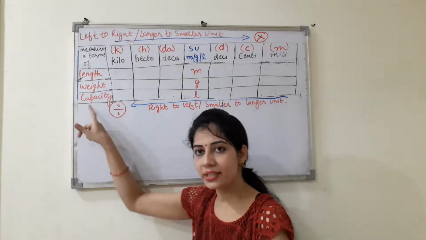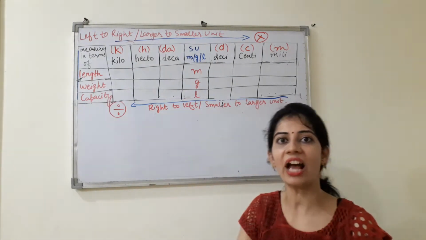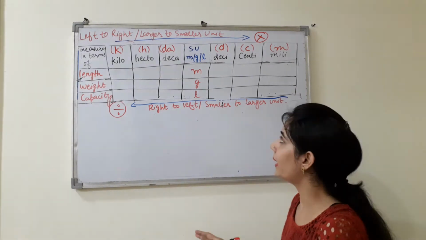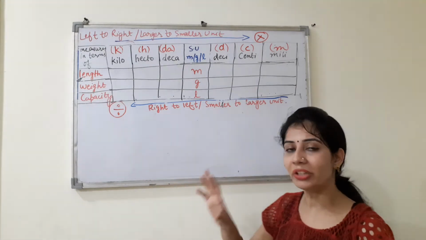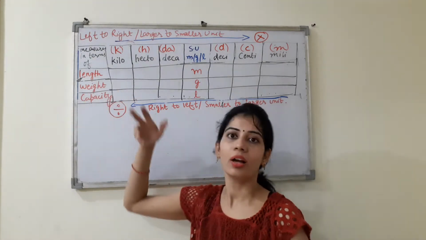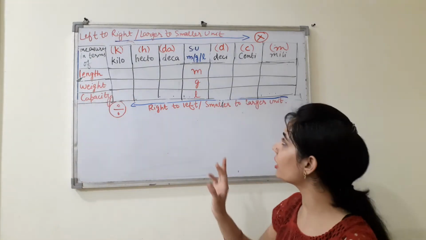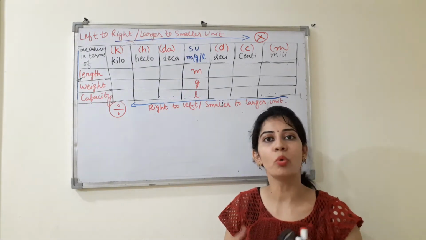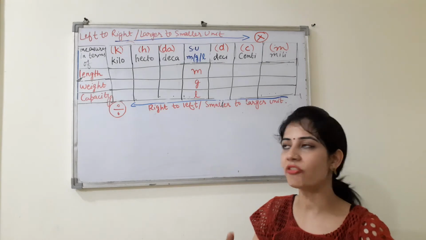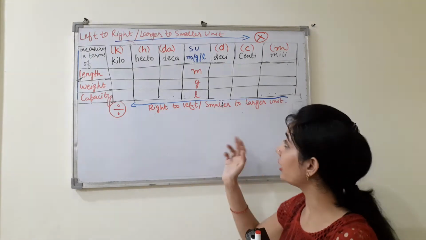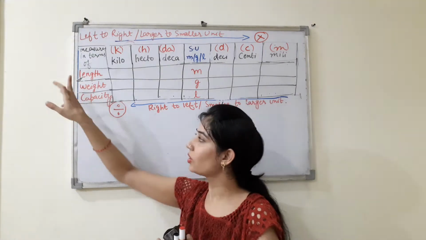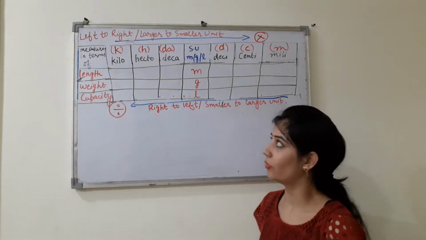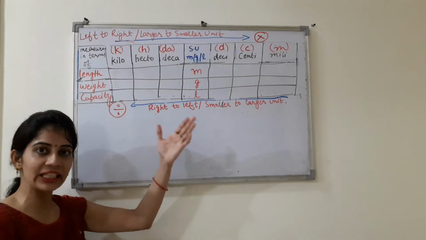And to measure the capacity of anything we have the standard unit, that is liter, right? But it doesn't mean that we can measure length, weight and capacity only in terms of meter, grams and liter. No, we have some more units, or we can say we have some sub units related to length, weight and capacity, right? So what are these units?